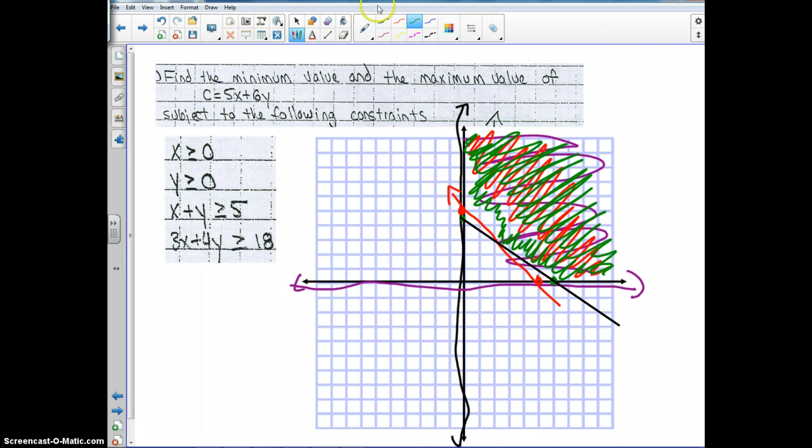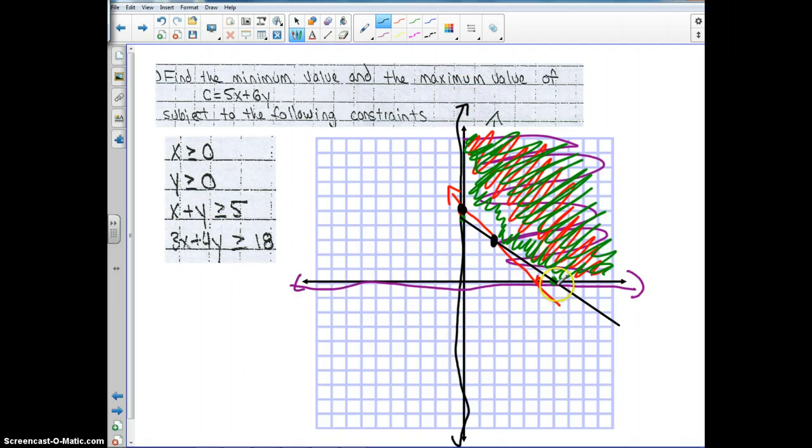Now, how many solution points do I have that creates this region? It looks like I have one right here. I have another right here. This is where 3x plus 4y equals 18 intersects x plus y equals 5. And this point was where x plus y equals 5 intersects x equals 0.